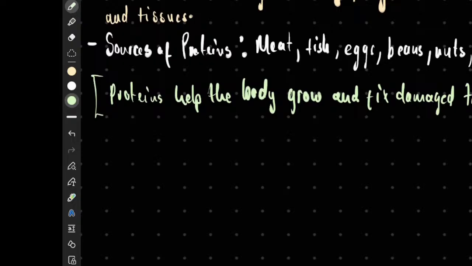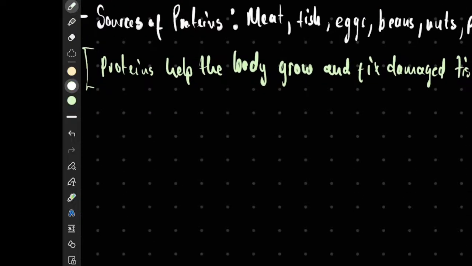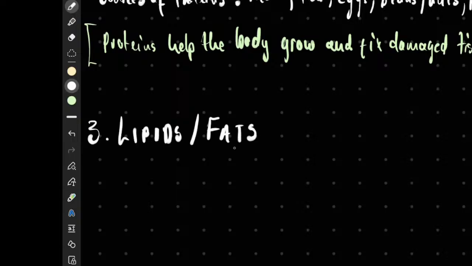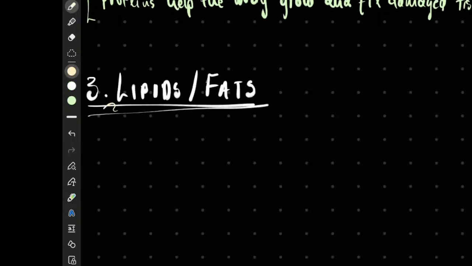A good student knows all this. If you know all this, then what a good student you are. Let's put 3 out of 7 now. Lipids or fats. What do we need them for? These give energy.